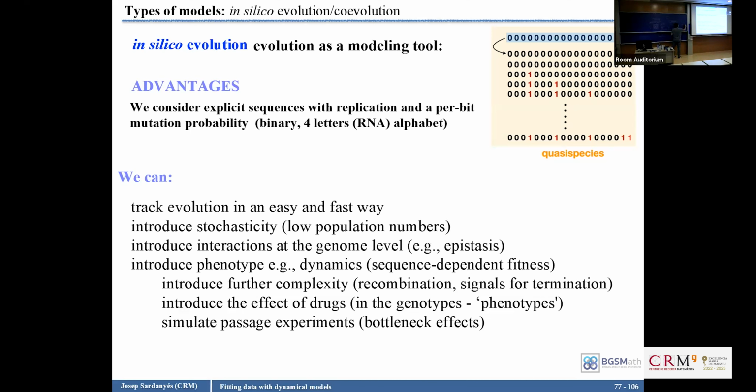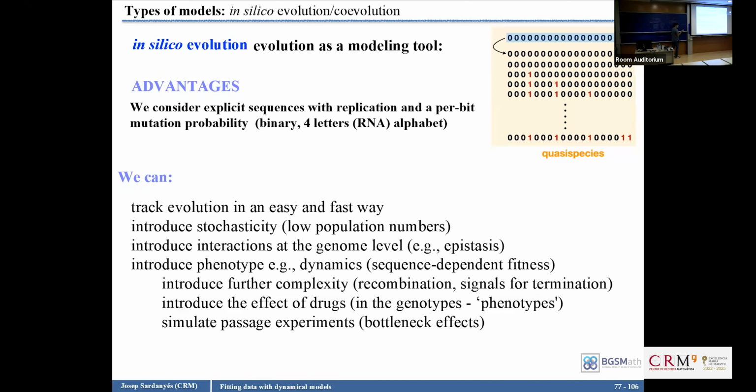RNA viruses like SARS-CoV-2, hepatitis C, Zika have genomes that, well, SARS-CoV-2 is different because the genome is very long, 30,000 nucleotides, but other viruses have shorter genomes.